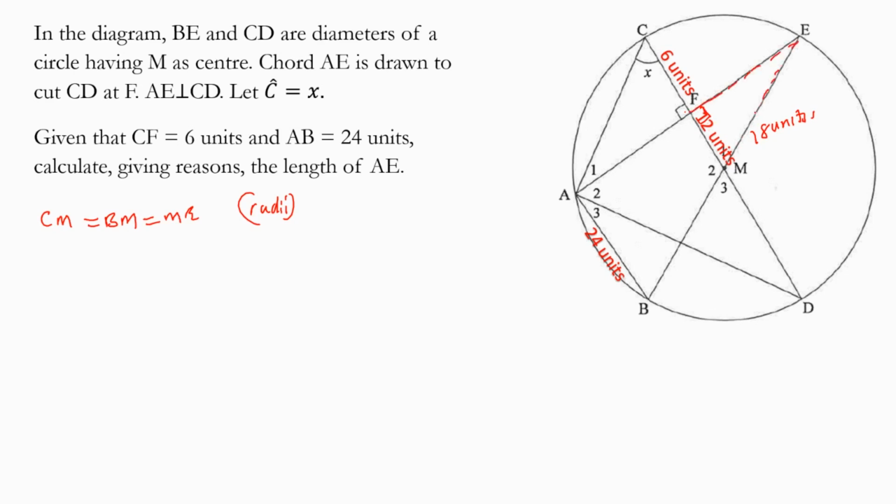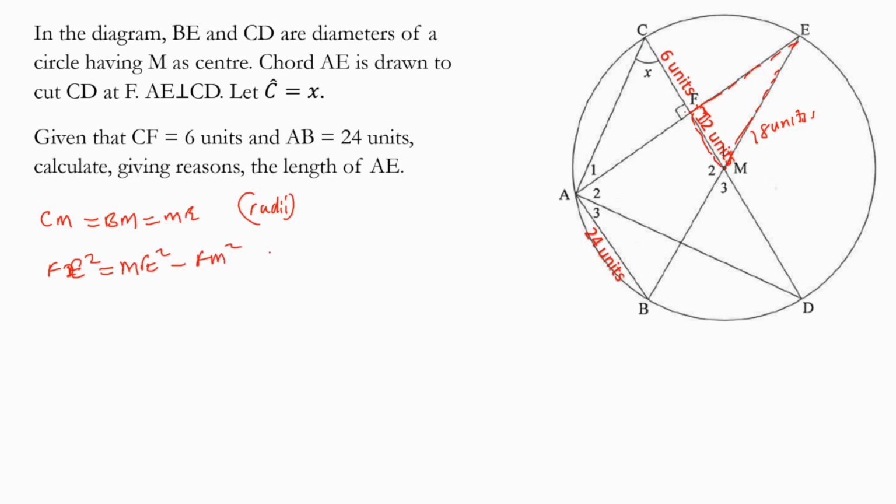So we can find FE using the Pythagoras theorem. FE squared is equal to ME squared, which is the hypotenuse, minus FM squared.